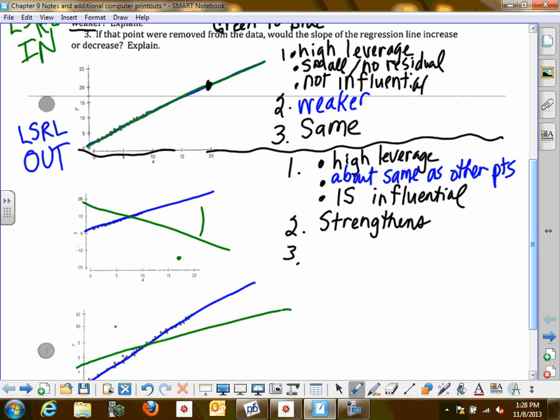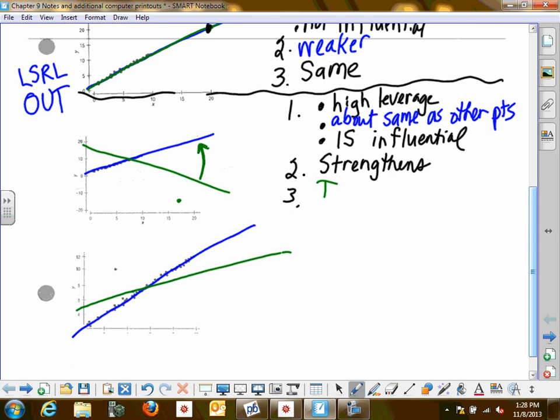Pretty much it's increasing, because this slope was a negative slope, and it is now turning into a steeper positive slope, so it's an increase.